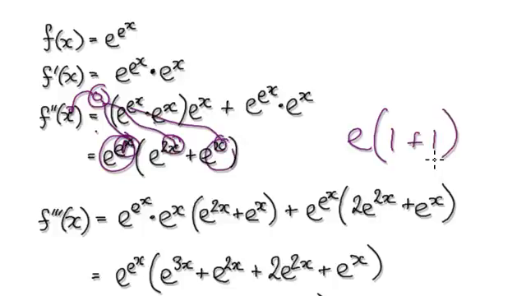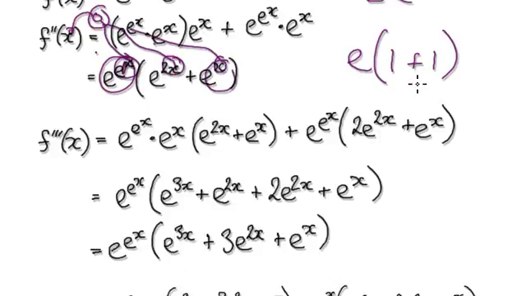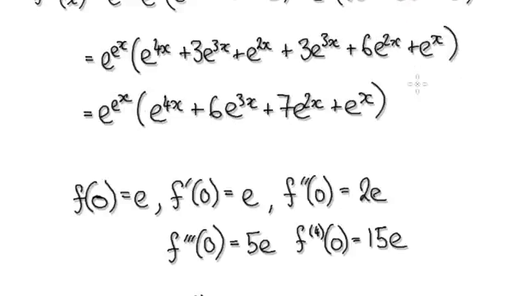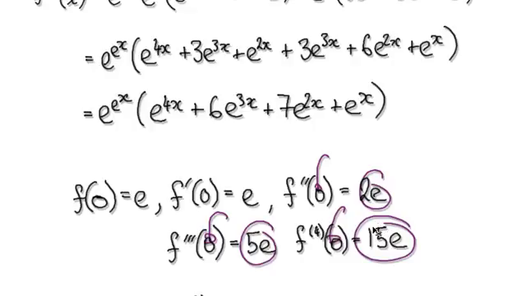So plus 1. So that will be 2e, and so on. So f double prime evaluated at 0 is 2e. The third derivative evaluated at 0 will give you this. The fourth derivative evaluated at 0 will then give you this.